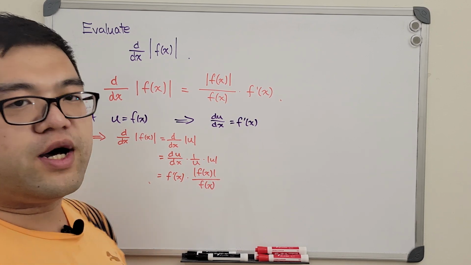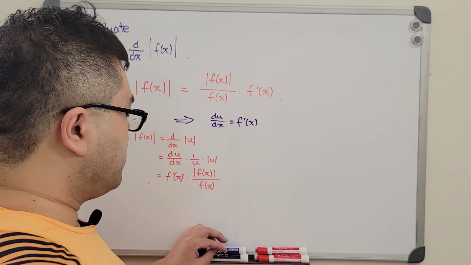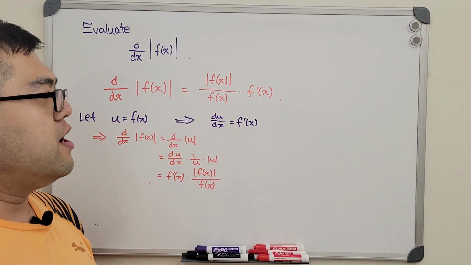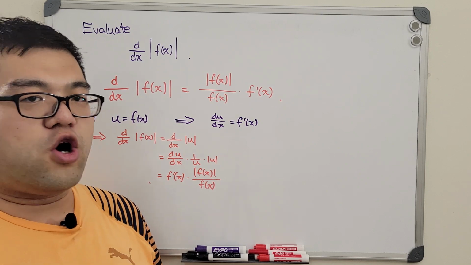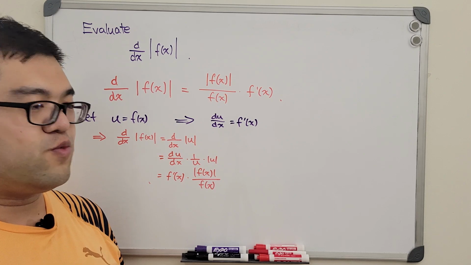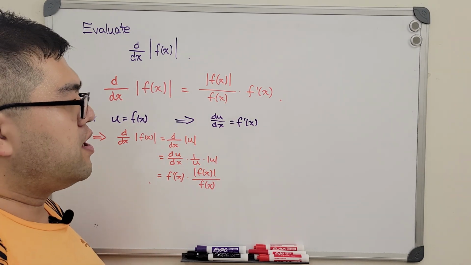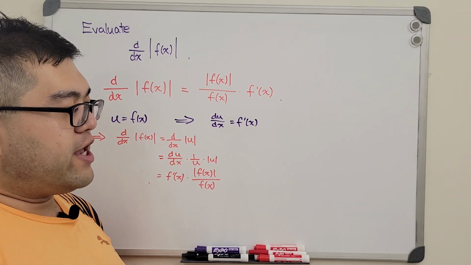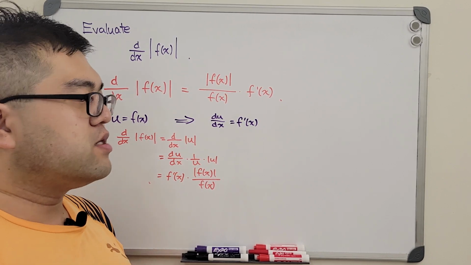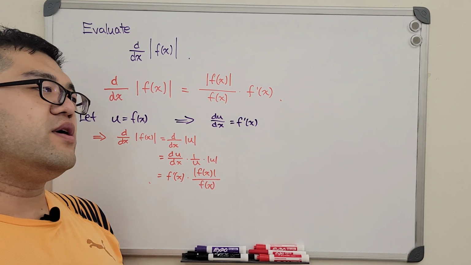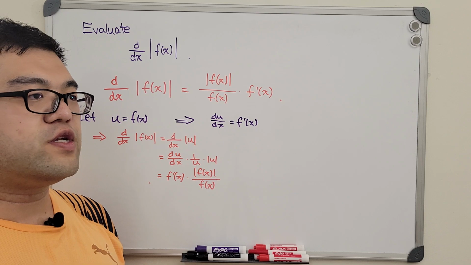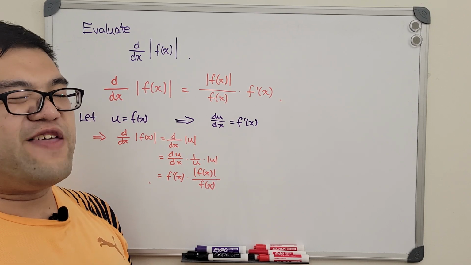So pretty cool, huh? I'm pretty sure that most teachers will not even talk about what happens if we have an absolute value here, and even if they talk about it, they will just suggest you try to break it into a piecewise function and take the derivative of it. But again, if we have functions such as the absolute value of sine of x, we will have infinitely many sharp points, such that when we try to take the derivative, we need to break it into infinitely many pieces.